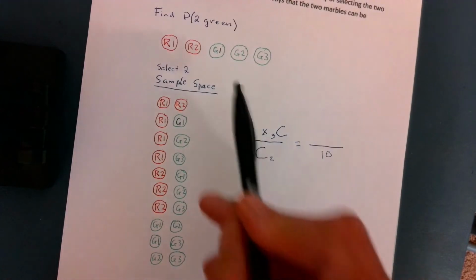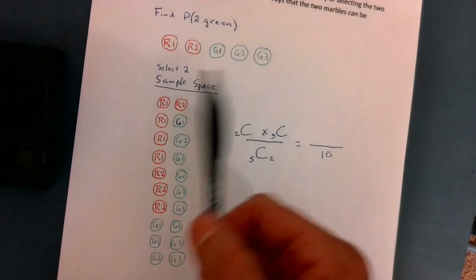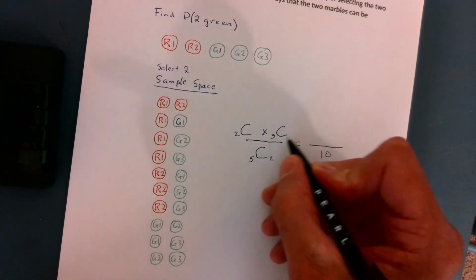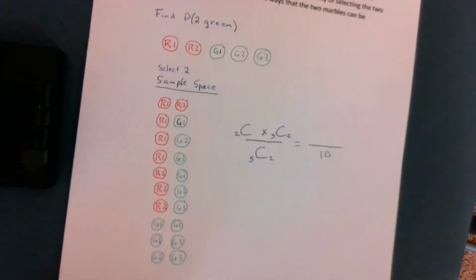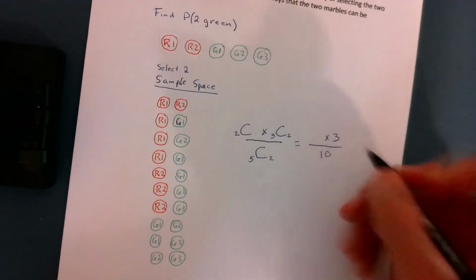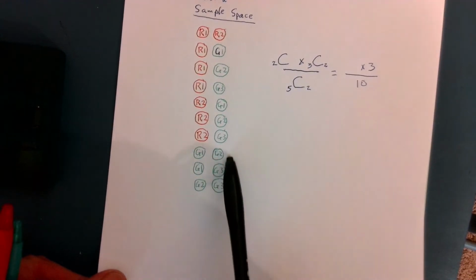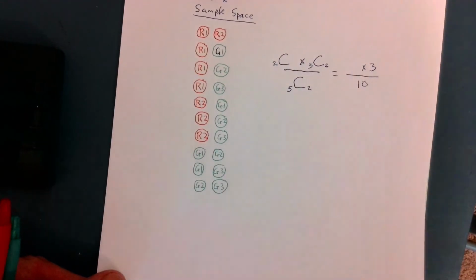So we want to select 2 green from 3. So how many ways can you select 2 green from 3? That would be 3C2. And that just so happens equals 3. And 3 is the number of outcomes in the sample space that has 2 green.